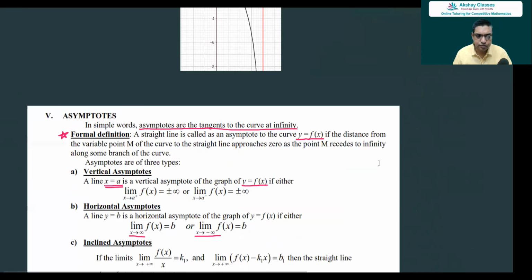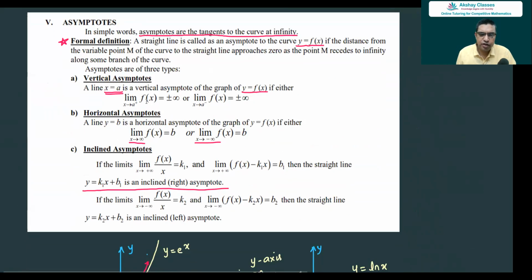So for vertical asymptotes, at a, if the function value goes to infinity, either plus or minus, when we approach a either from the right or the left, we get x equal to a as the vertical asymptote.